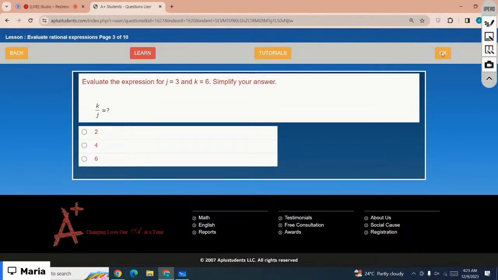So, the correct option is 6 over 3, and the answer is 2, right? The correct option is 2.